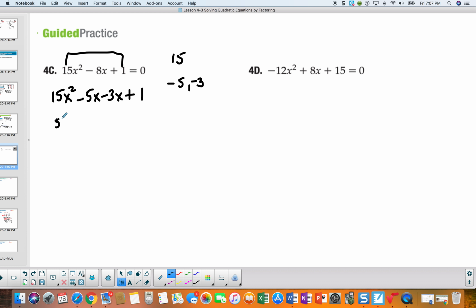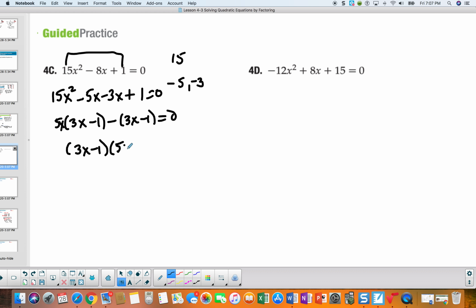I'm going to factor out 5, and that's going to be 5x. That'll be 3x, and then that'll be minus 1. I'm going to factor out a negative, and that'll be 3x minus 1. And this is my common factor, 3x minus 1.